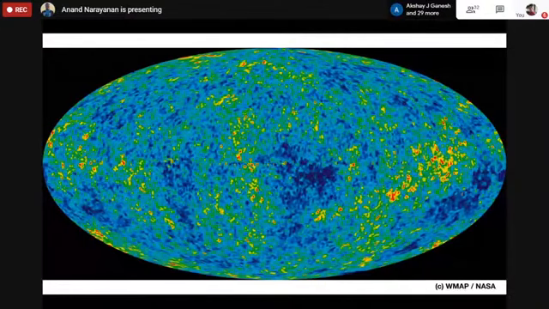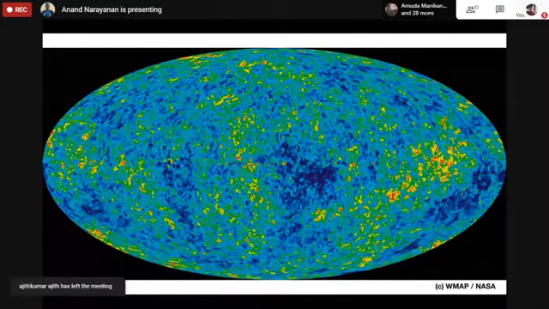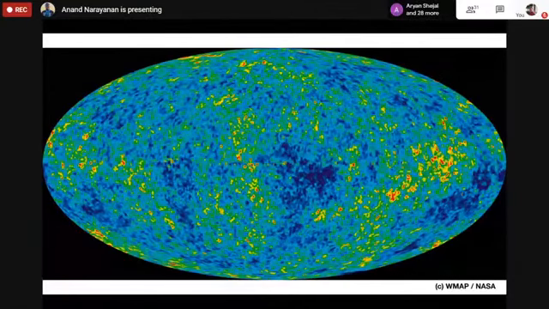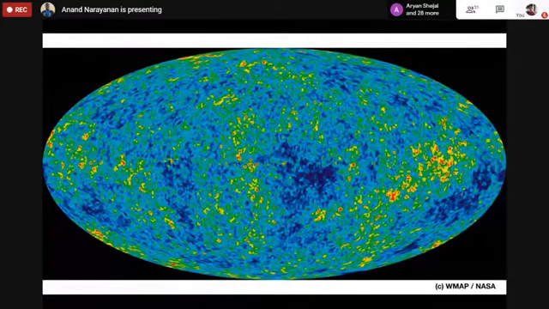And why am I talking about the CMB? Because the CMB is the earliest picture of our universe coming to us from electromagnetic radiation. Now we have gravitational wave astronomy, which can even provide us information from time periods earlier than the CMB. But if you are focusing on electromagnetic radiation, then this is the farthest that we can see.